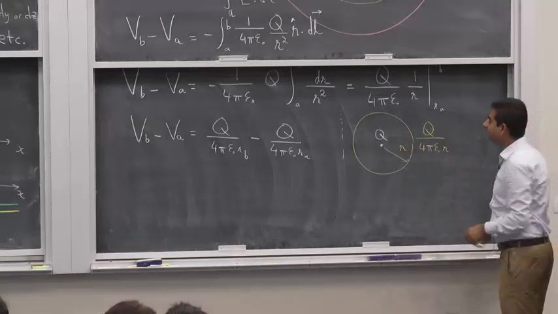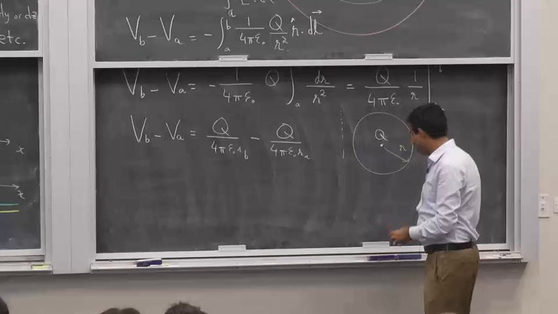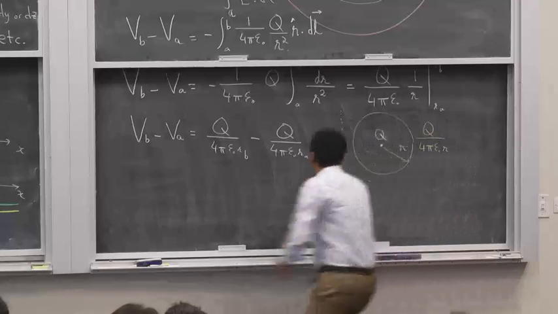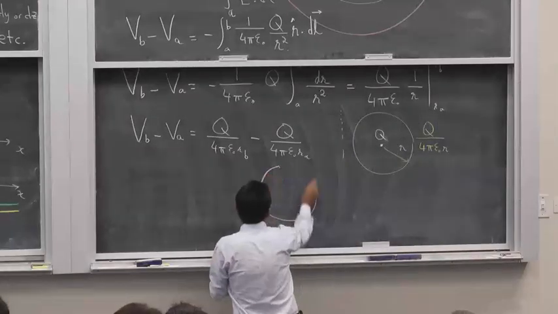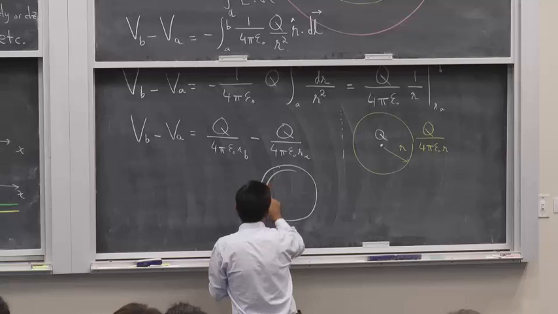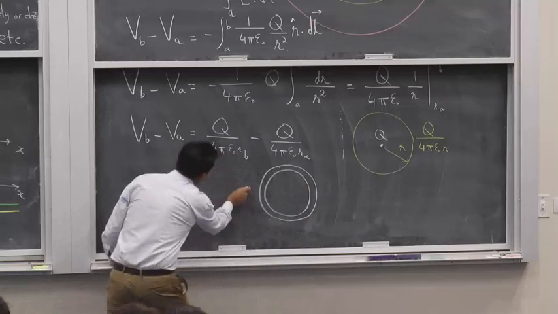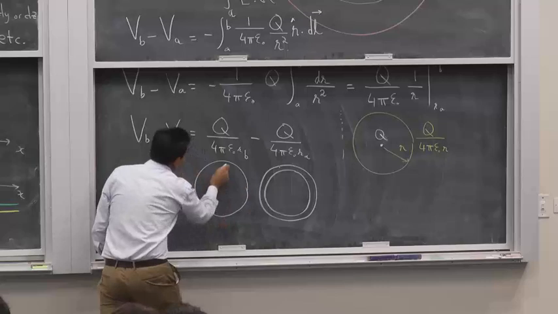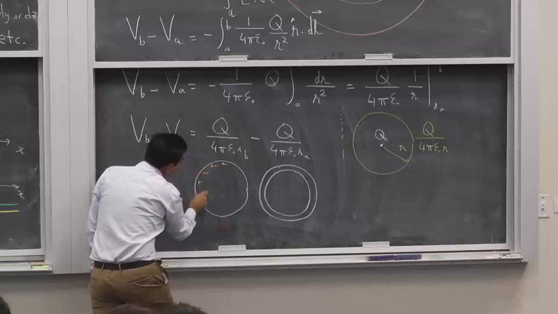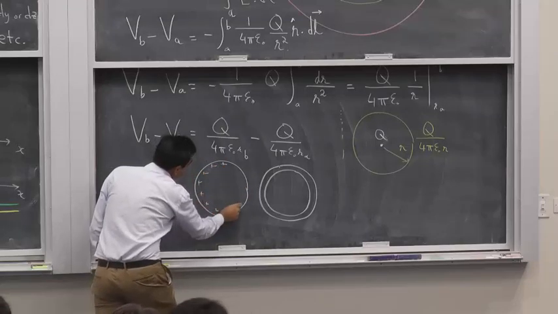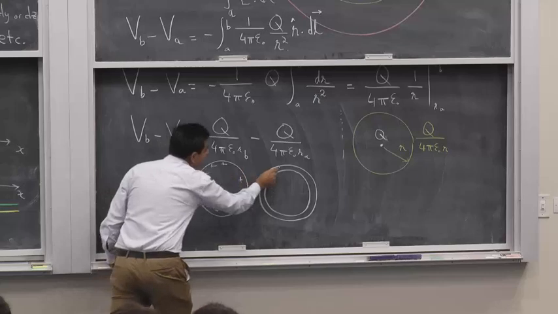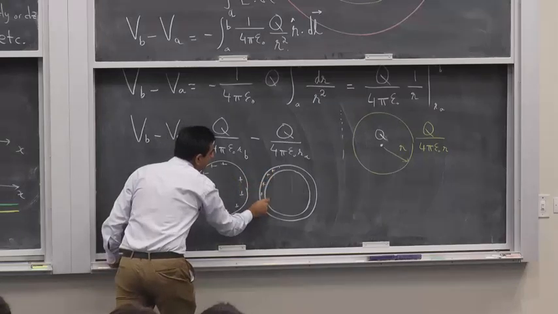But what we've seen here is that instead of a point charge, if we have a distribution of charge like this, so it's no longer a point charge, rather a metallic shell, or it could be a metallic sphere, doesn't matter. The charge is on the outer periphery. Here the charge is on the outer periphery as well.